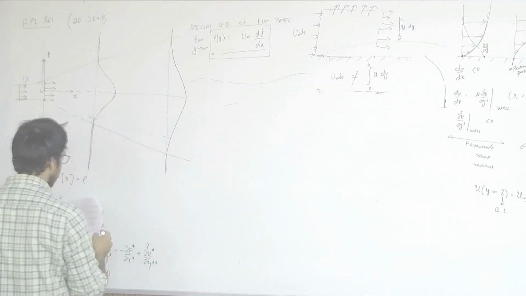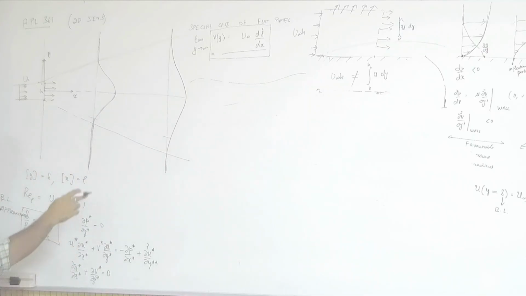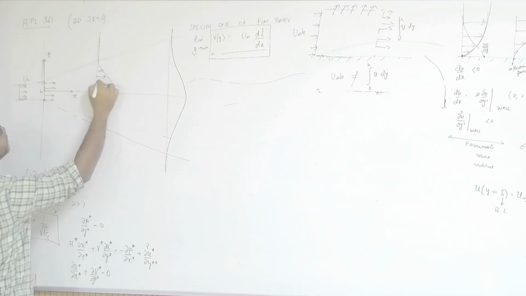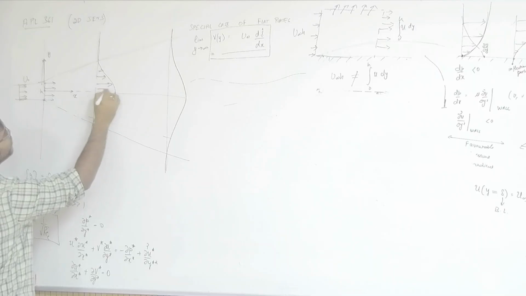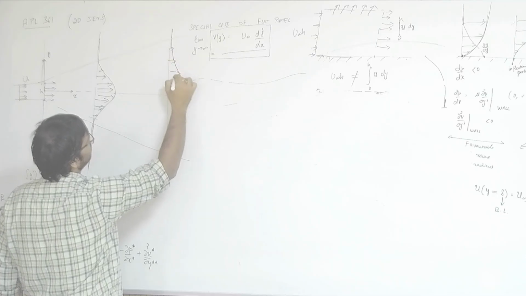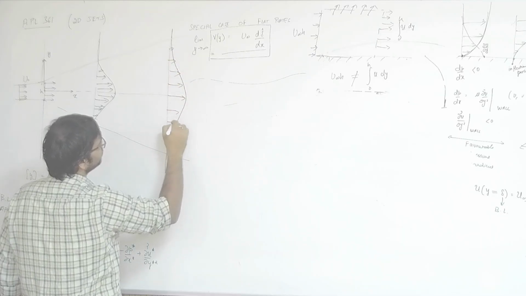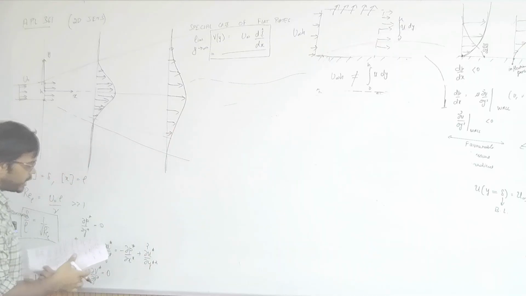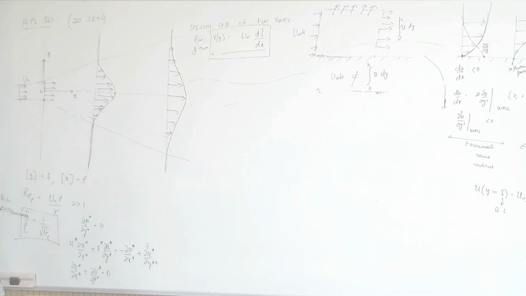And that is something that you can apply in jets also, especially when you are sufficiently far away from the inlet. When you are sufficiently far away from the inlet, you can apply this boundary layer approximation.